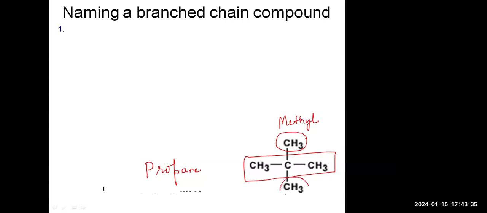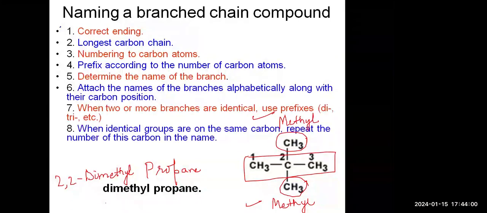This is also a branch, methyl. We have two methyl here, so we call it dimethyl. And both are located on the second carbon, so we call it 2,2 dimethyl propane is the name.